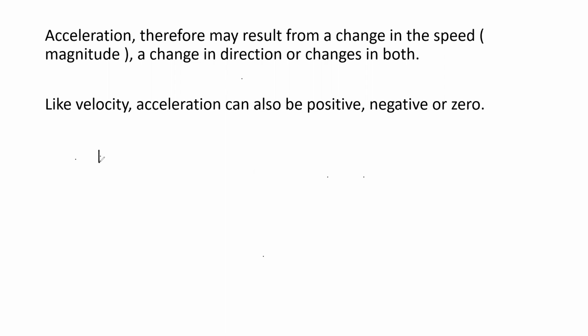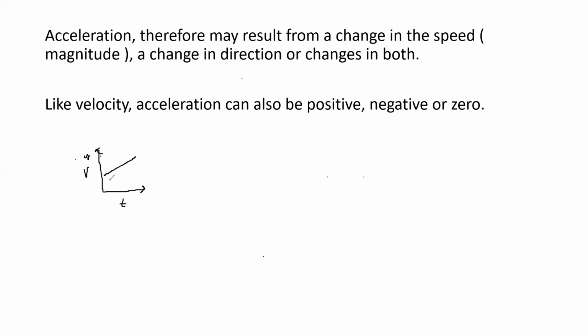Velocity time graph in the sense the velocity will be along the y-axis and the time will be along the x-axis. So if a body is moving with uniform positive acceleration, the diagram will be like this. You may get one question based on the nature of this graph. So this is the velocity time graph where velocity is along the y-axis, time is along the x-axis.